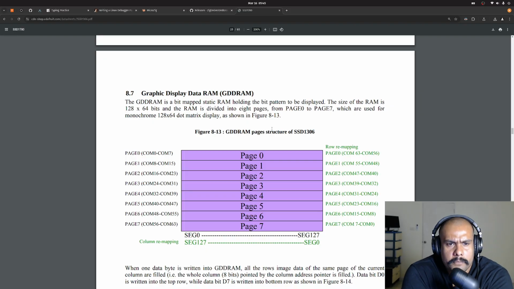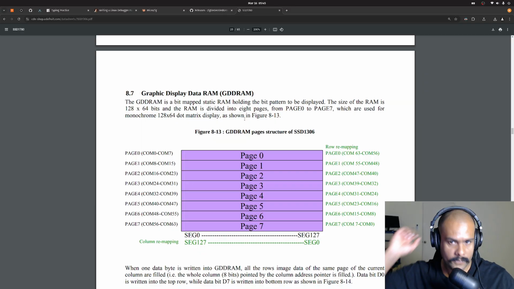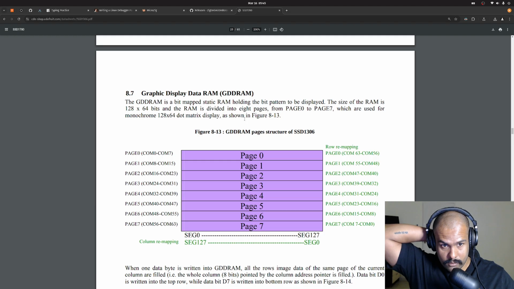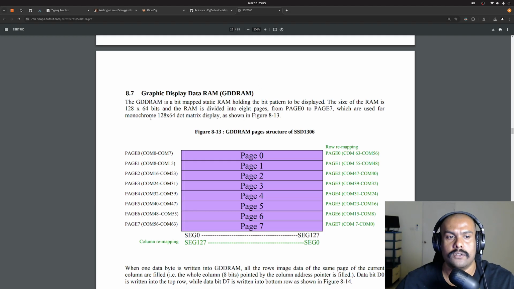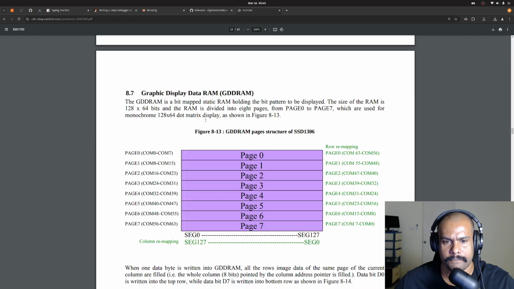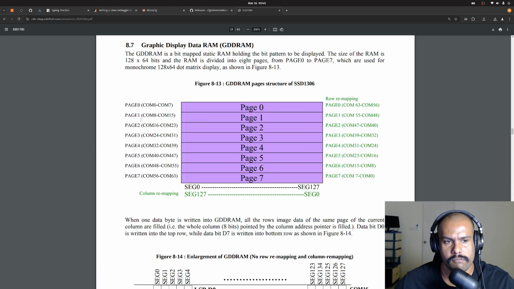GDDRAM is a bitmap static RAM holding the bit pattern to be displayed. Size of the RAM is that much, and the RAM is divided into 8 pages. Okay. Page 0 to page 7. So used for monochrome dot matrix display. Okay. COM0 to 7. Rotary mapping.